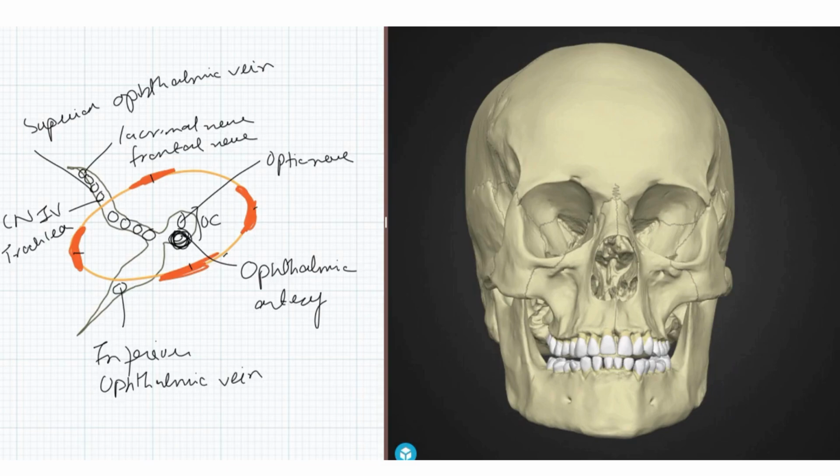Now, here we have the abducent nerve. The abducent nerve also carries a sympathetic plexus derived from the cavernous sinus.